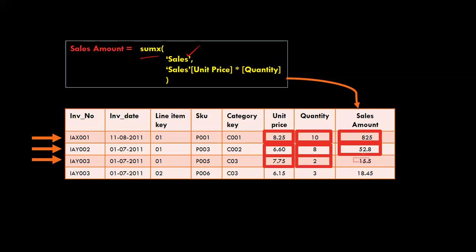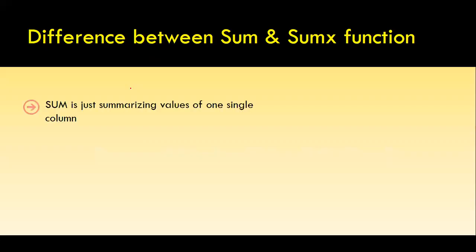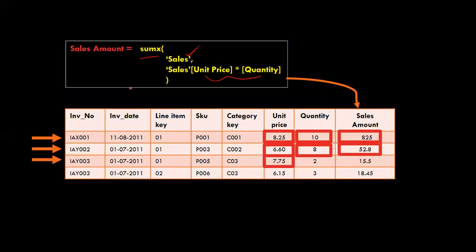Likewise, one row at a time, the X function, because it's an iterator function, iterates each and every row in a data set and then evaluates your expression. In this case, your expression is unit price times quantity, which means it takes the product of unit price and quantity, and the output gets stored in your sales amount row by row. The SUMX function is called an iterator function. There are a lot of aggregation functions.